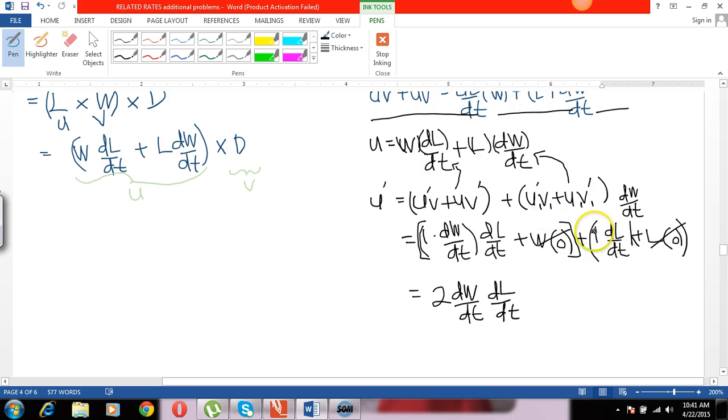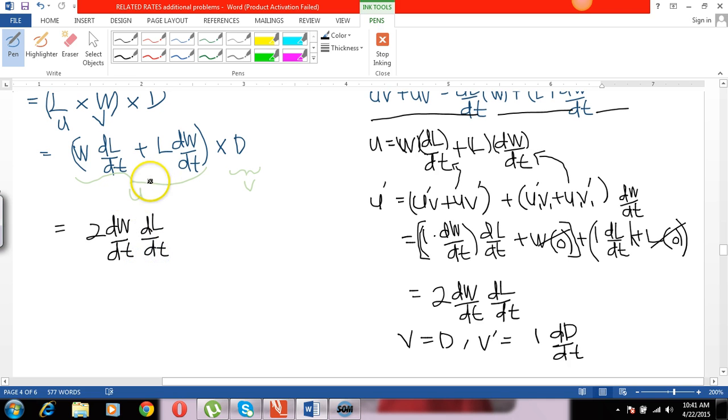Okay, this is U prime. Then we have V here. So V equal to d, and your V prime should be 1, dt over dt, right? So put in the formula U prime V plus U V prime. U prime equal to 2 dW over dt times dL over dt. V is d, plus U V prime.